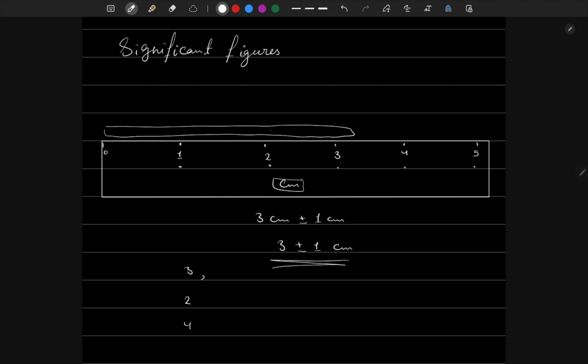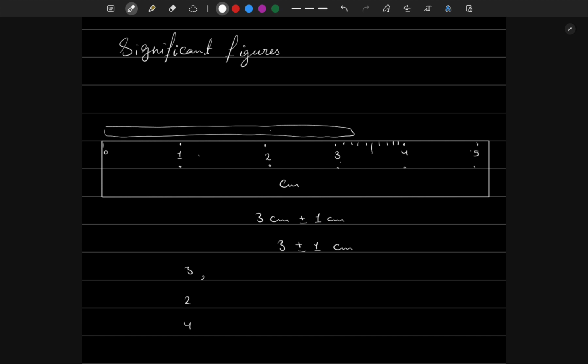But it cannot be 5 and it cannot be 1, because my margin of error is plus or minus 1 centimeter. Now this is a huge margin of error, but this is so huge because I'm actually using a ruler that doesn't have millimeters.